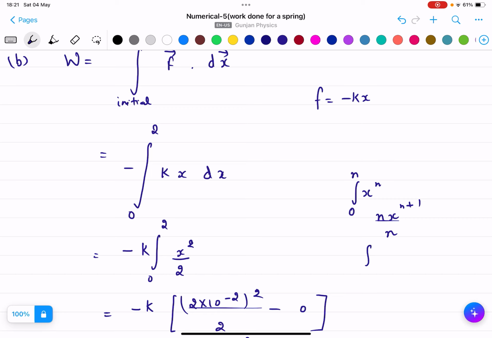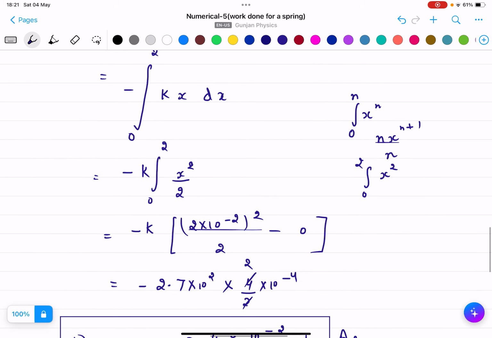So it is now 0 to 2, x to the power 2. So we will do the integration of it and we will find out the value, right? Here n is 2, right?